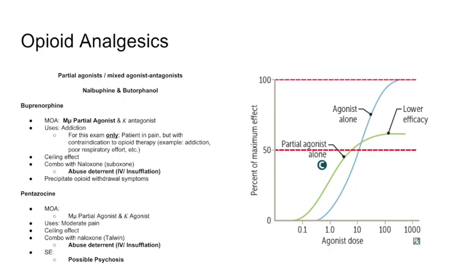There's a little bit of a story behind these as well. We found that the mu agonist was the way to induce pain control. But there are other opioid receptors: kappa receptors, and then I think lambda receptors. No, it's not lambda, it's gamma. When we figured this out, we decided, can we get pain control with some of these other receptors and spare respiratory depression? That was the idea.